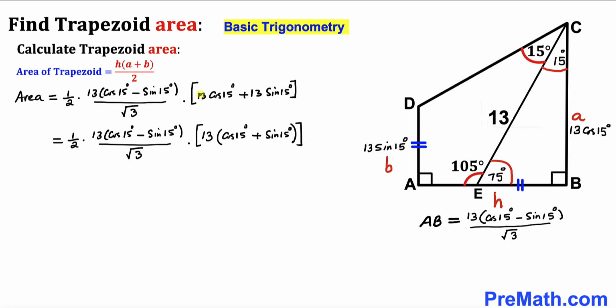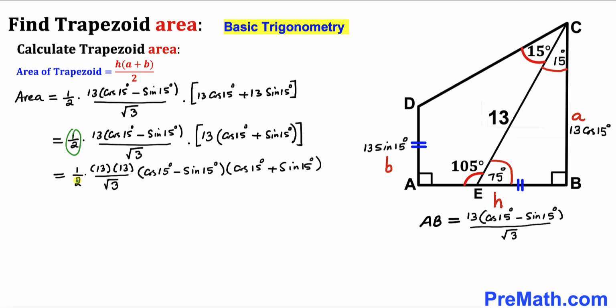And in this next step I have factored out this 13 outside over here, and we are left with the cosine of 15 degrees plus sine of 15 degrees. And here in this next step I have brought this 1 divided by 2 over here. 13 times 13 is over here divided by square root of 3, and the rest I have multiplied over here.